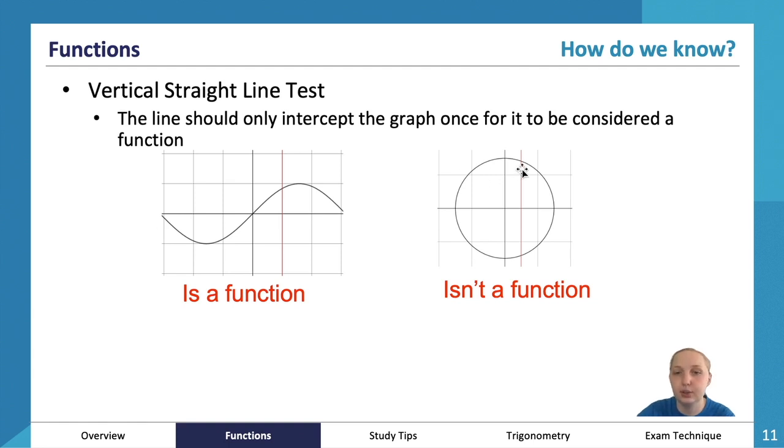Okay, so like this circle here, we've drawn the straight line down this random point here, and we can see that it intersects the graph twice. So essentially what this is representing is that the graph has two y coordinates for this specific x point, because when we draw a straight line, we are essentially drawing this equation, a line with the equation x equals something, okay?